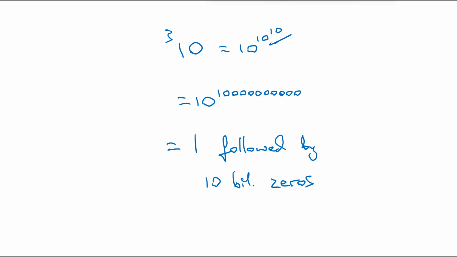Well, let's ask ourselves, how many atoms are there in the observable universe, the entire universe? Well, that's been estimated. And the estimation for the number of atoms in the universe is somewhere between 10 to the 78 and 10 to the 82. That's the number of atoms in the universe, a mere 10 to the 82.